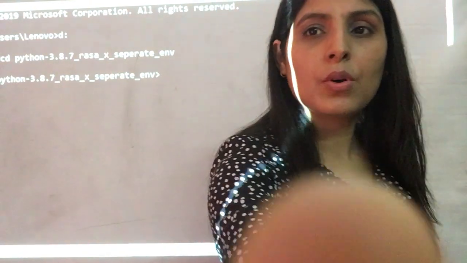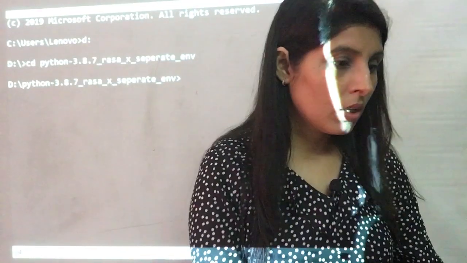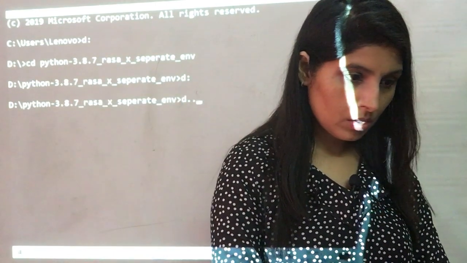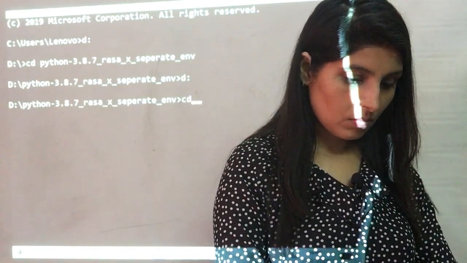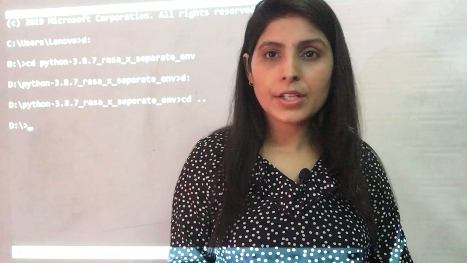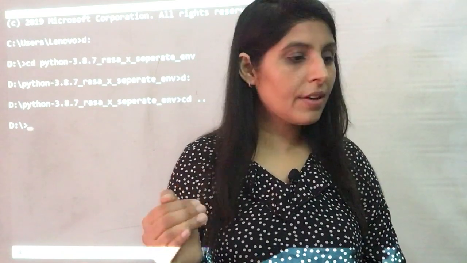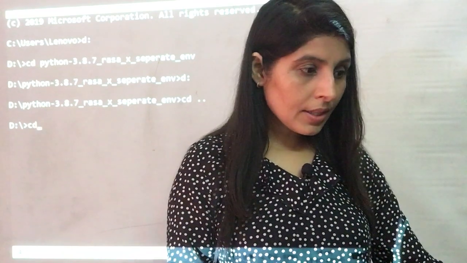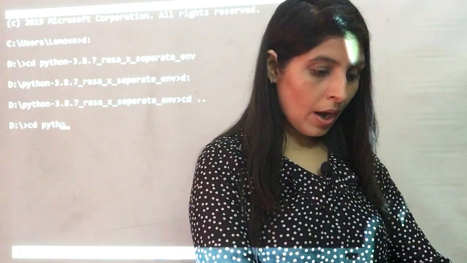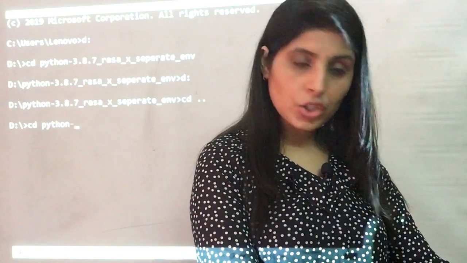Let's suppose first of all I'm in D drive. If your code is in E drive, then you have to enter E drive first of all. My code is in D drive, so I am here, and then I cd into the folder where you have created your virtual environment.